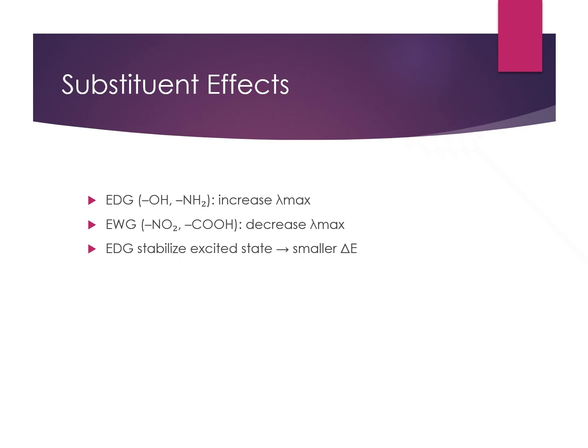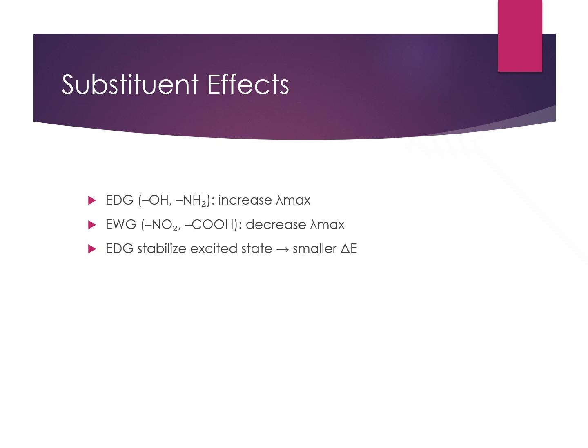Now we will discuss the substituent effect. Substituents also dramatically influence UV absorption. Electron donating groups like hydroxyl and amino increase electron density in the chromophore. This stabilizes the excited state more than the ground state, reducing delta E, resulting in a redshift.